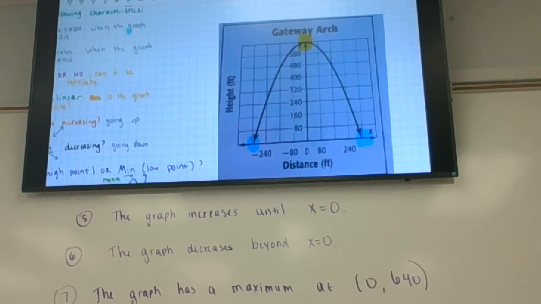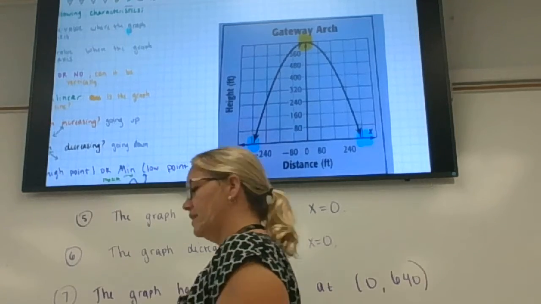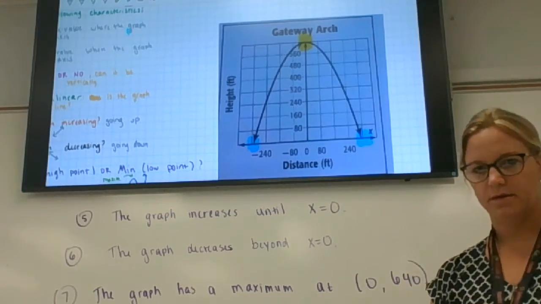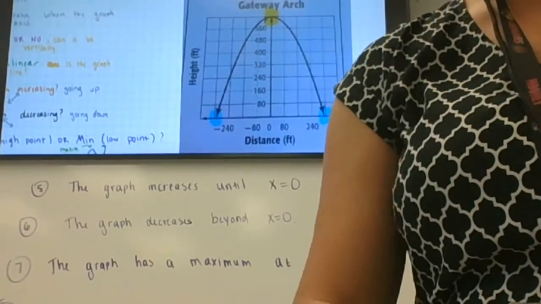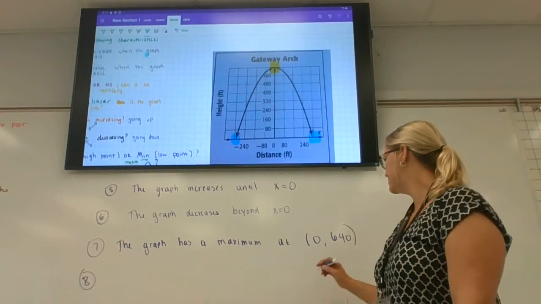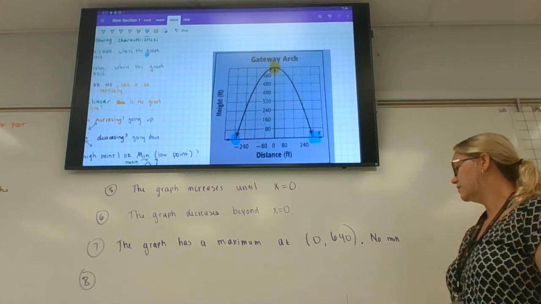That's the maximum. X is 0 and y is 640. That's the highest point. It doesn't have a minimum. There's no dip, no low dip. Maybe I write that: no minimum.